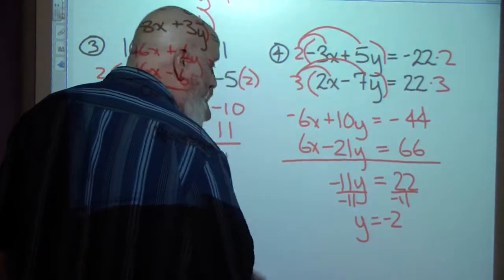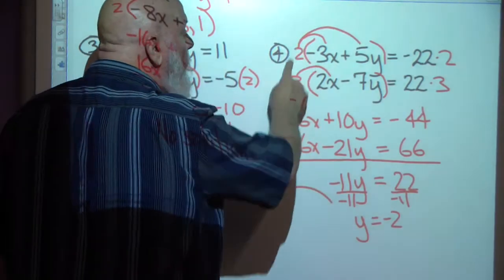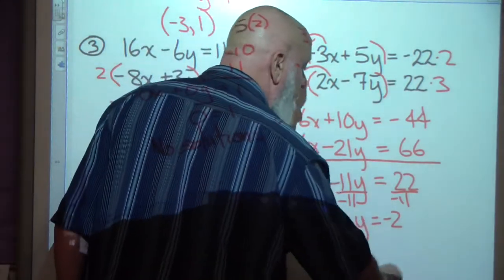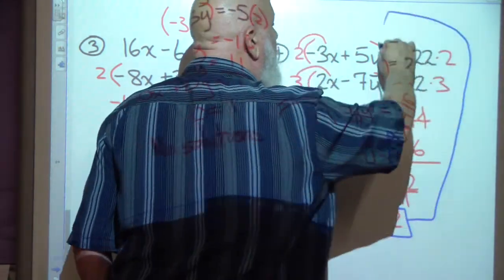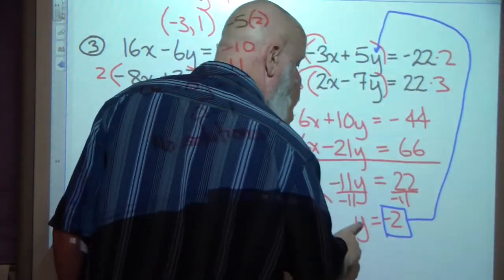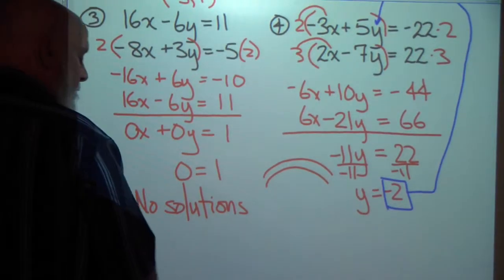I can then plug this in anywhere I want. So I'm going to plug it in right here and solve for x. I've solved it for y, so I'm plugging it into y. Here we go, solving for x.